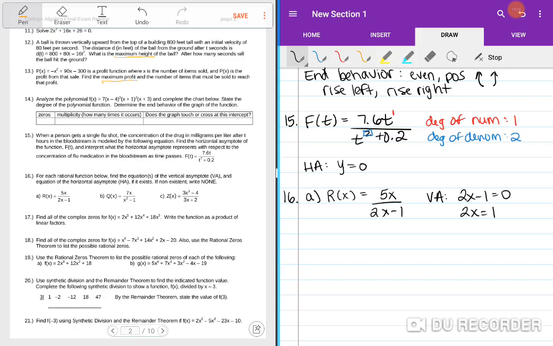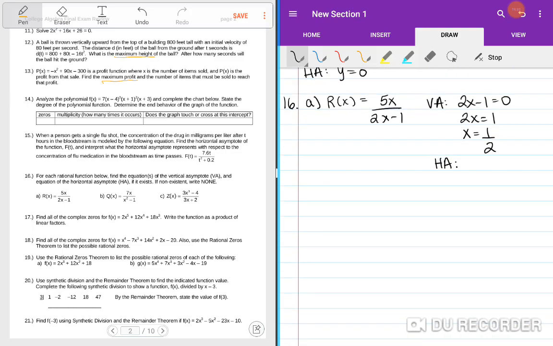So add your 1, divide by 2. So x equals 1/2 would be my vertical asymptote. For the horizontal asymptote, we compare the degrees, and if the degrees are the same, then we divide our coefficients. So in this case, degree 1, so y equals 5 over 2 would be my horizontal asymptote.